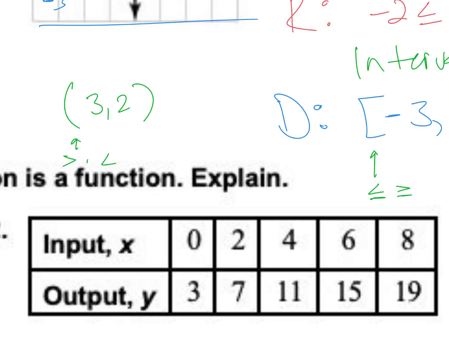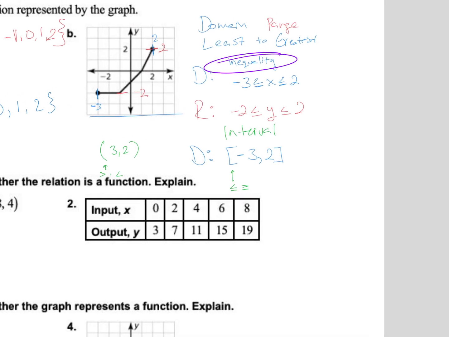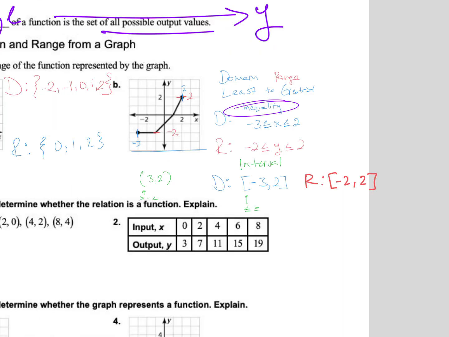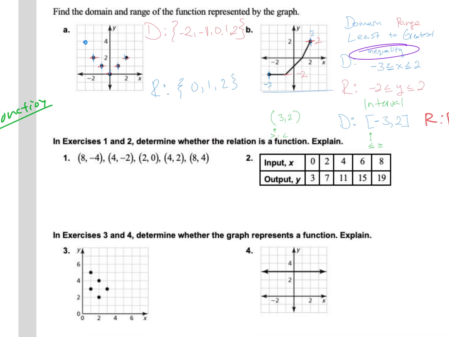You know the difference between the equal to and the not equal to? This is like the open dot, this is like the filled in dot. Same thing with the parenthesis and with the bracket. So there's the domain, the range, okay, changed thickness for whatever reason, would look like that. All right, so there was the domain and range of that.